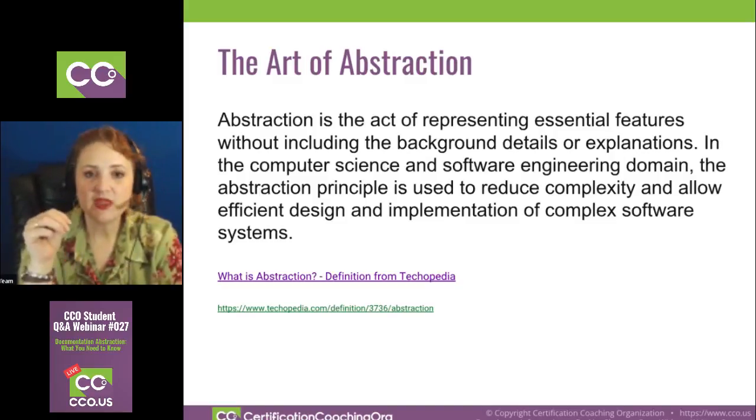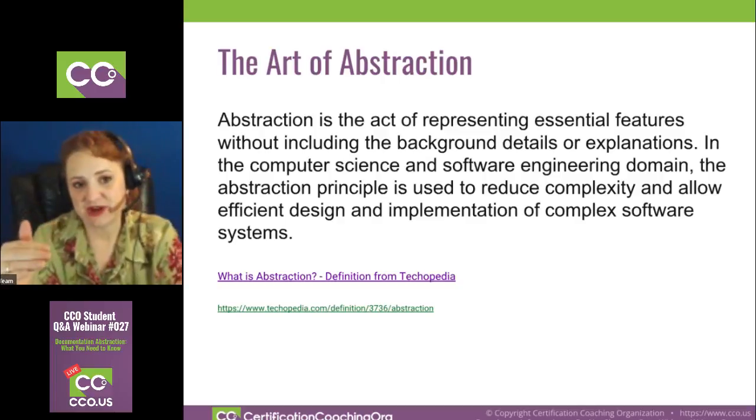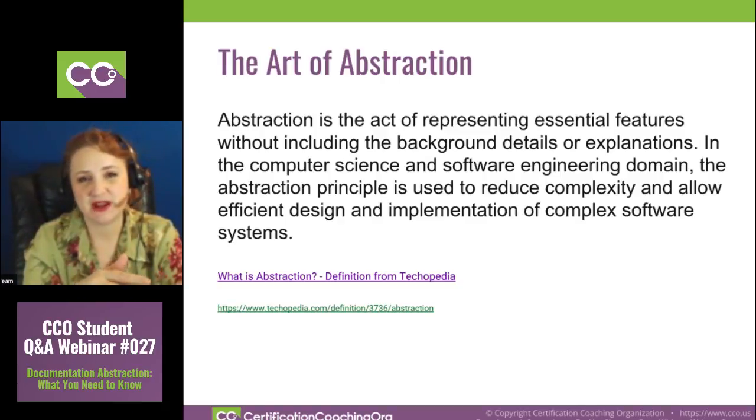But when we think of abstraction, or you go look at the definition of abstraction, it's not the same in every field, right? The main definition that you would look at isn't pertinent. It isn't about abstract art, or just the word abstraction itself.